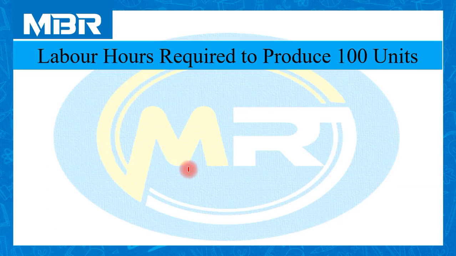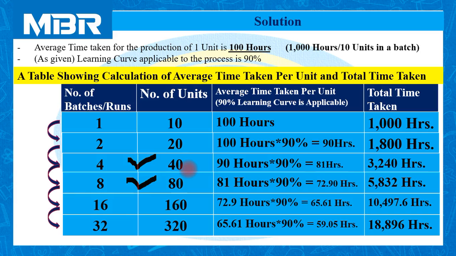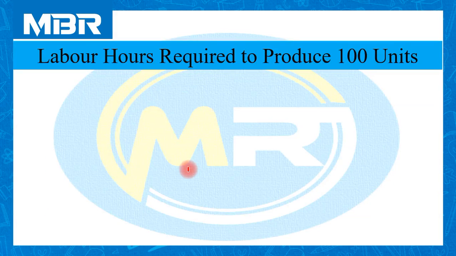As we all know, 100 units are not available to us in our order of manufacturing. So if you double the production units, then 10, 20, 40, 80, 160 and 320. But as per the requirement of the solution, we have to calculate cost for manufacturing 100 units.